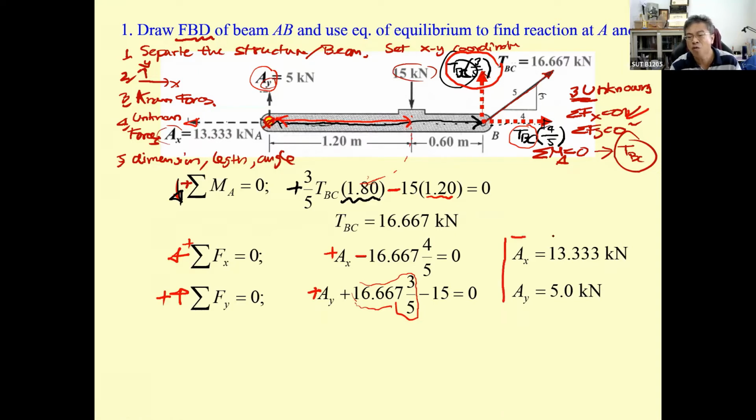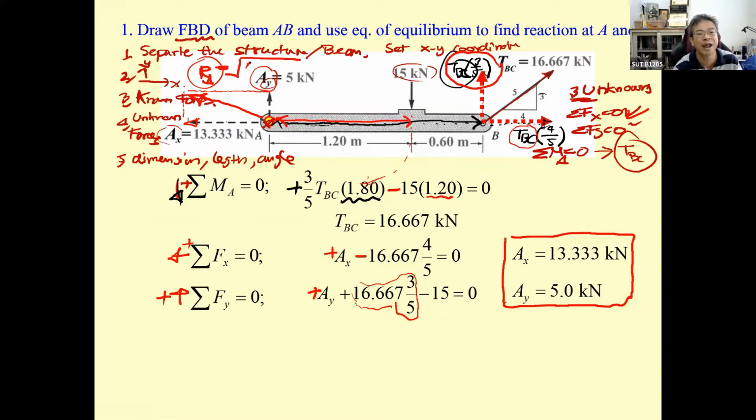These two forces are the components of the resultant at point A. In actuality, the force over here is R sub A, the resultant force of A sub x and A sub y. And this one is the real force that acts on the pin at A. That's what we are going to determine more. By doing this, you just take the square root of A sub x squared plus A sub y squared.